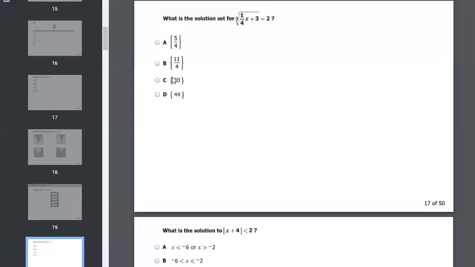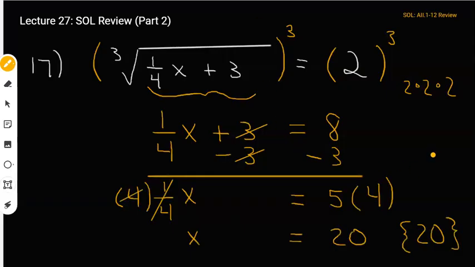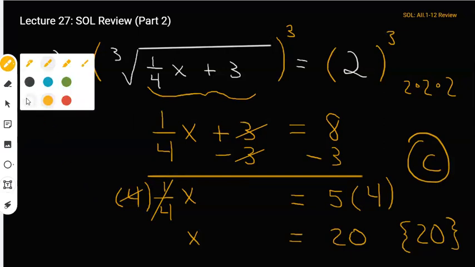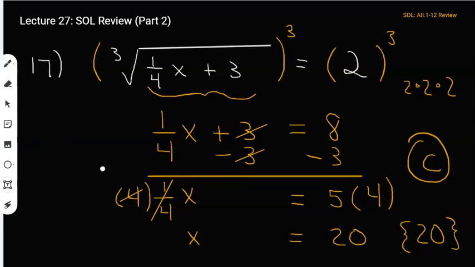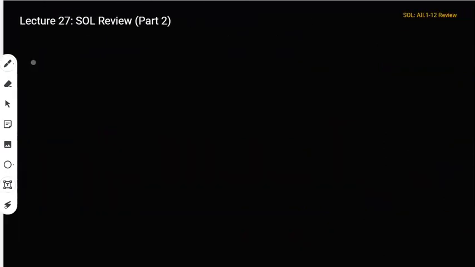That would be C. So that's how you solve a cube root equation. Let's look at 18 now.